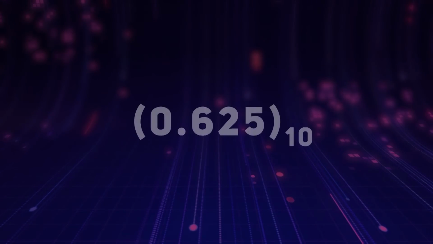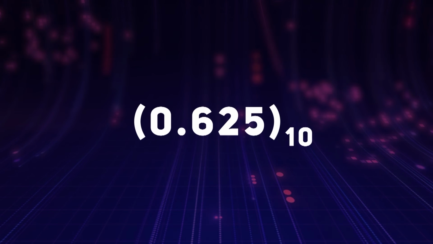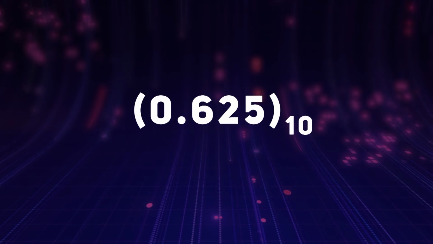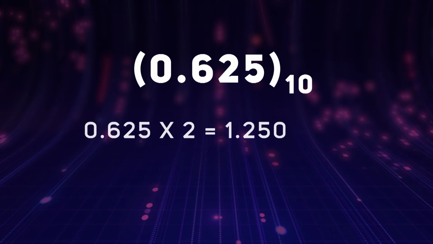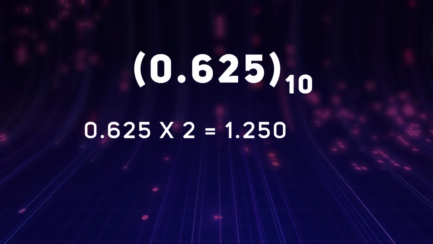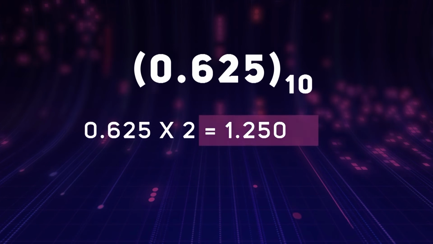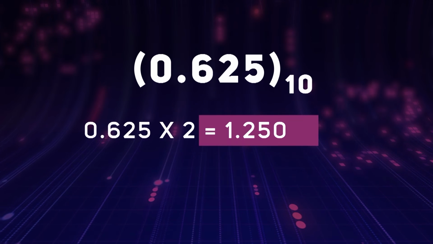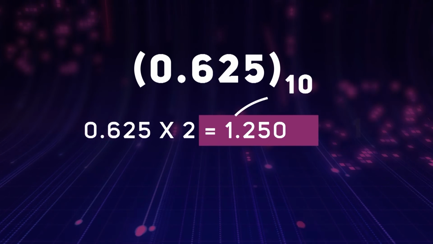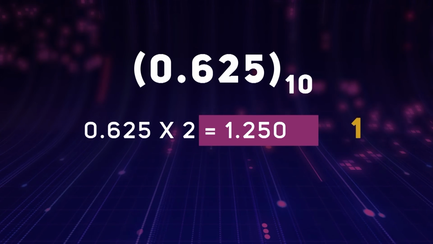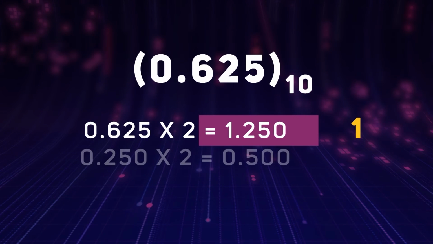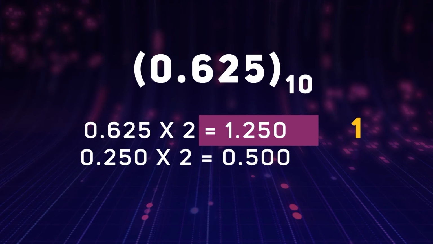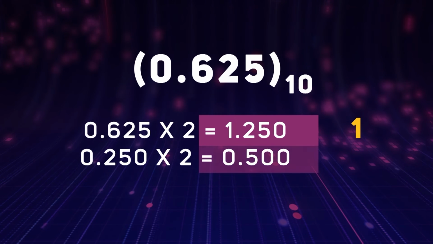In the example given here, 0.625 to the base 10, we start multiplying by 2. So, 0.625 into 2 is equal to 1.250. Here the integer part is 1 and the fraction is 0.250. So, we store the integer part 1. Again multiply the fractional part by 2. So, 0.250 into 2 equals 0.500.